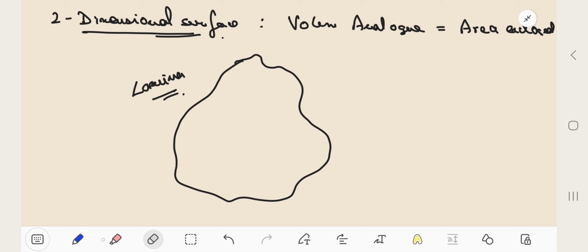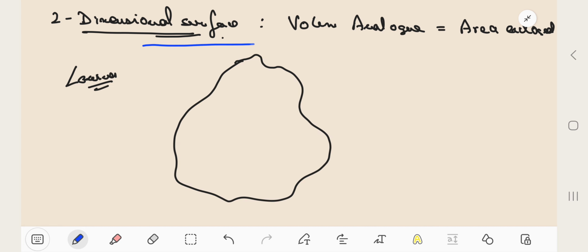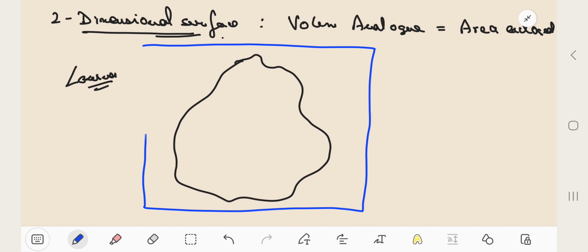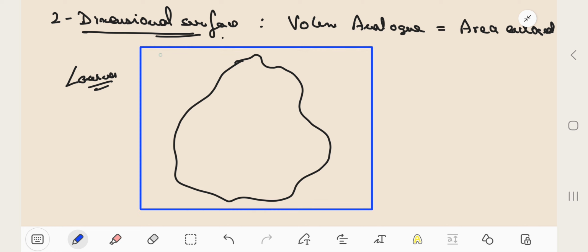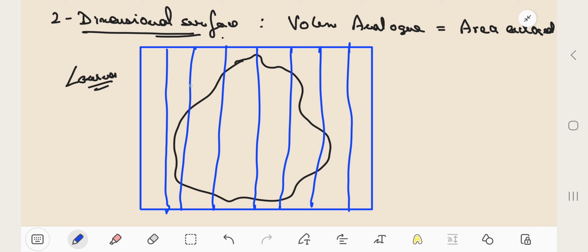So this was what you called a lamina. You can think of it just as a simple sheet, and you used to break it down into simple rectangles. This is what you used to do.